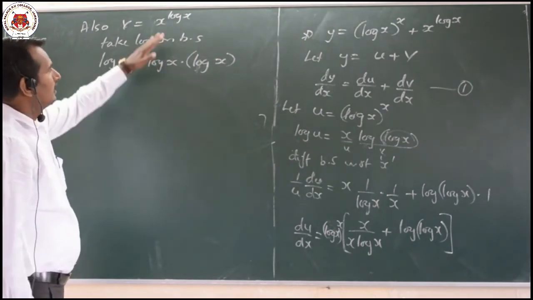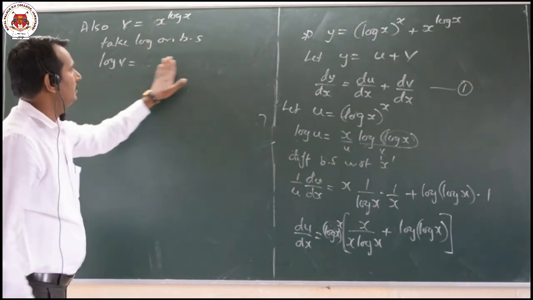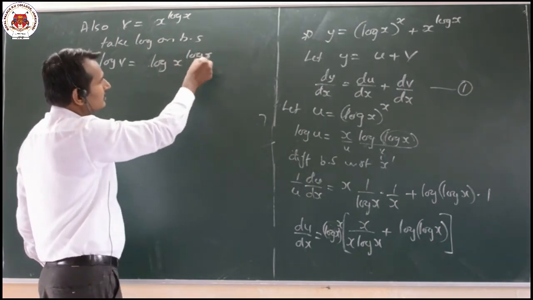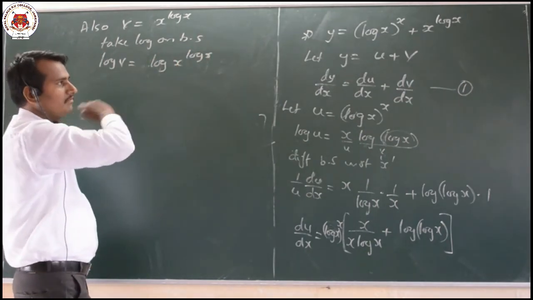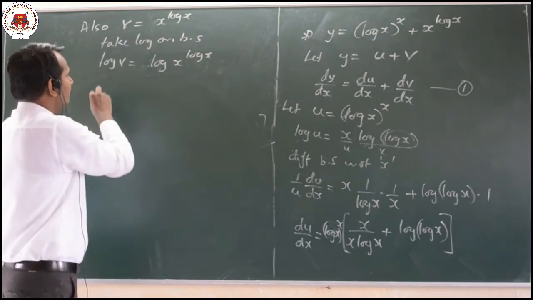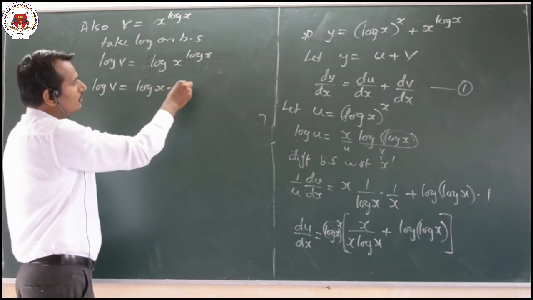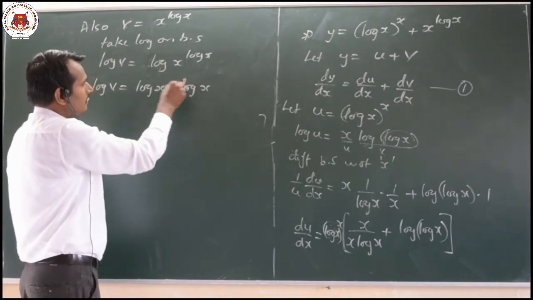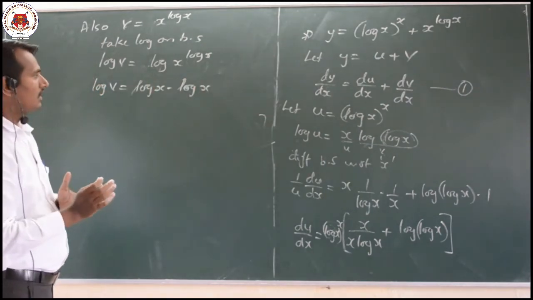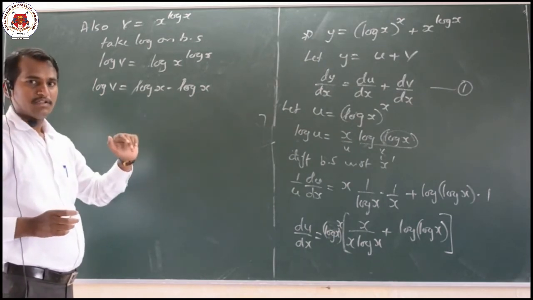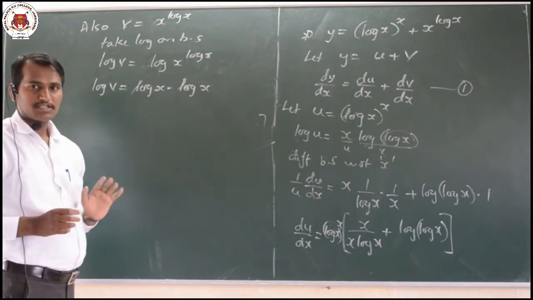That is nothing but log x to the power of log x. You take this log x over here by making use of properties of logarithm, that is log v is equal to log x into log x. Either you can differentiate it by parts or you can make use of log square x, nothing wrong in that.